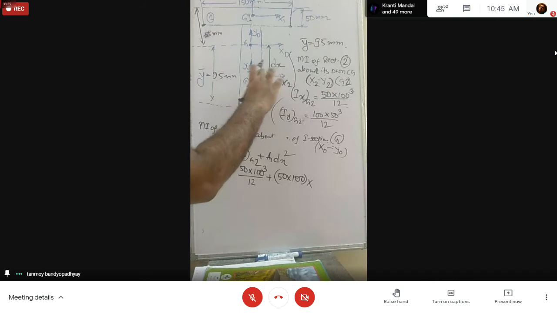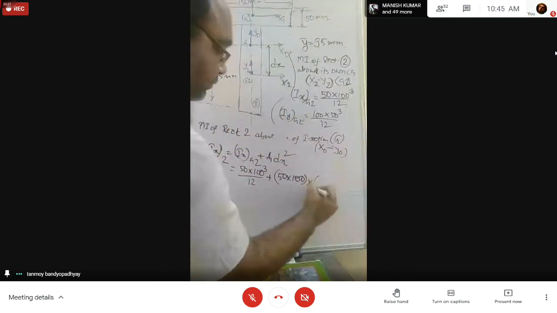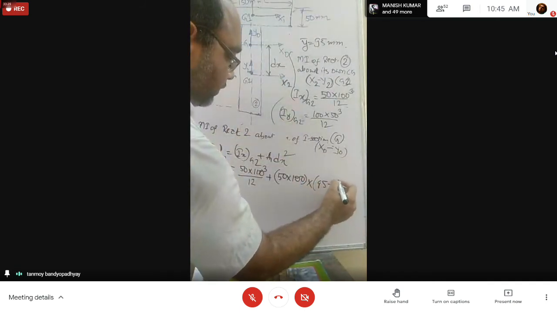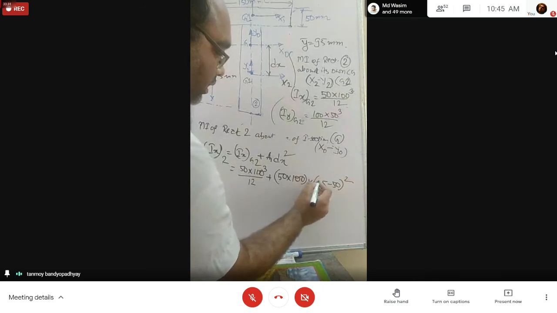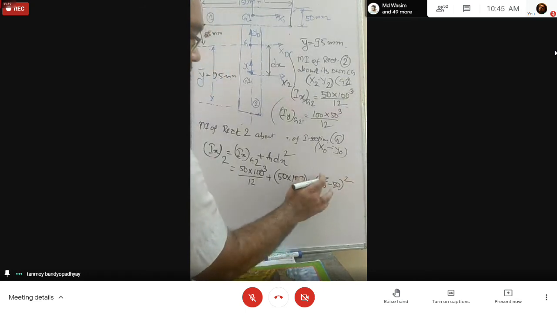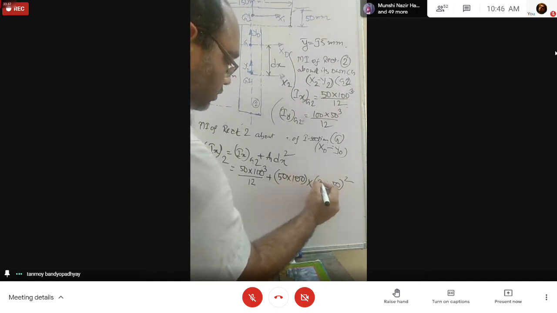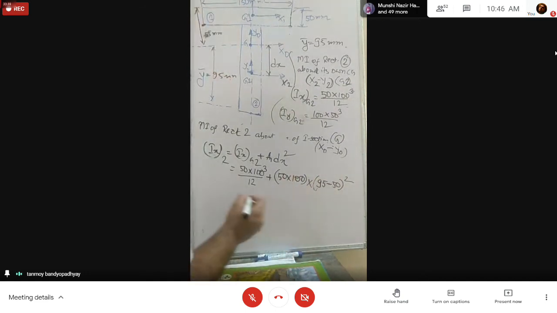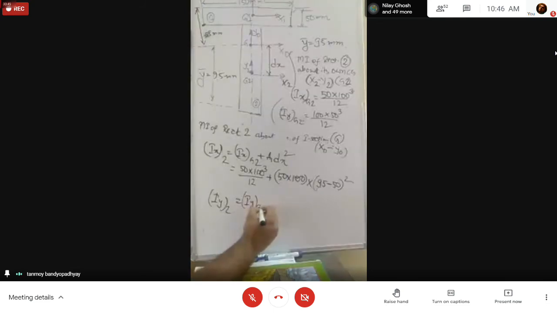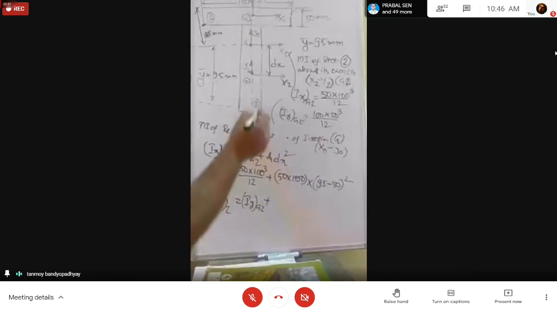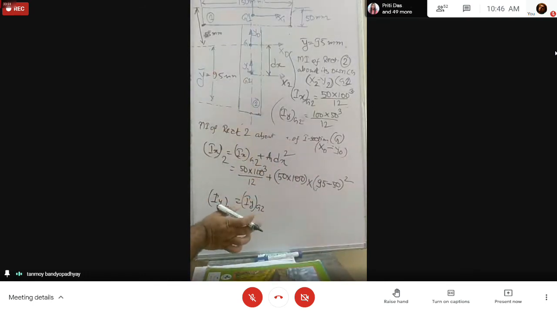So this is 95 minus 50 whole square, that is 45. So just put the value and calculate this one. And similarly, Iy2 will be equal to Iyg2, plus nothing will remain because y2 and y0 are again coincident. So that is why this will be again this one.